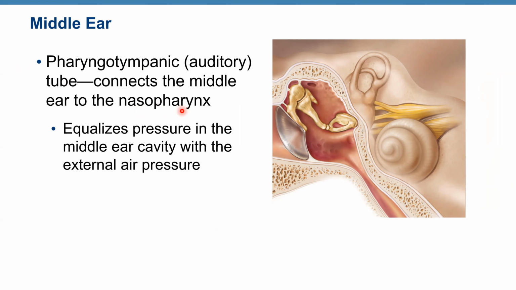It connects your middle ear to your nasopharynx, and what it does, it equalizes pressure in the middle ear and external air pressure, because your nasal cavity and your oral cavity are open body cavities. So the pressure inside your nose, inside your mouth, is the same as external air pressure, right? And you want this connection so it would be the same pressure here, so you would not damage this membrane, this tympanic membrane.